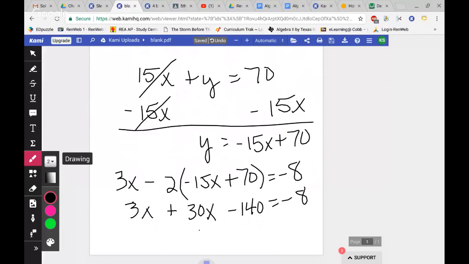So we've got a 33x minus 140 equals negative 8. So you're going to add 140 to both sides. Do you get 132? Yes.